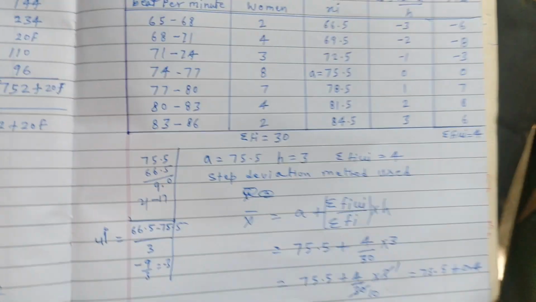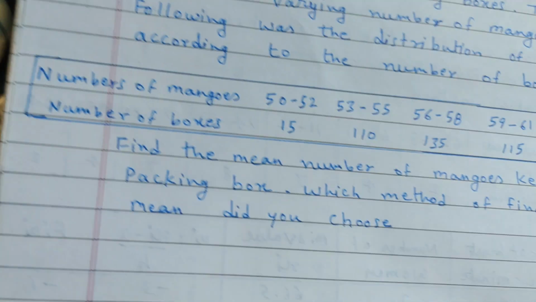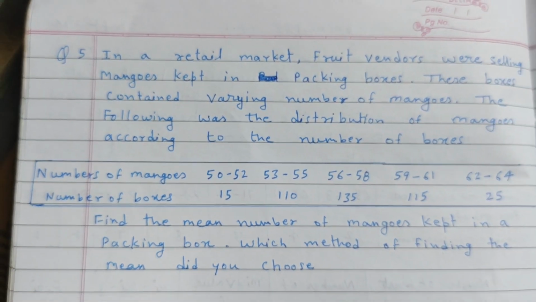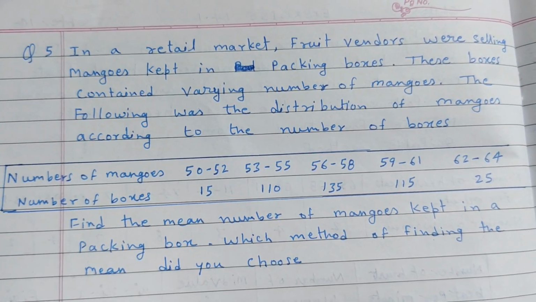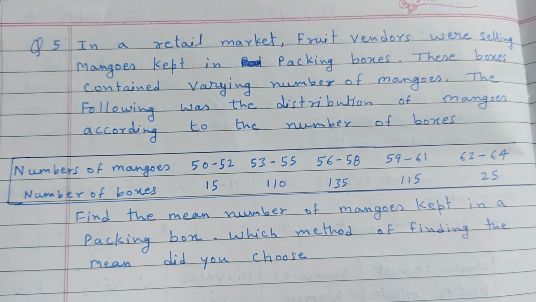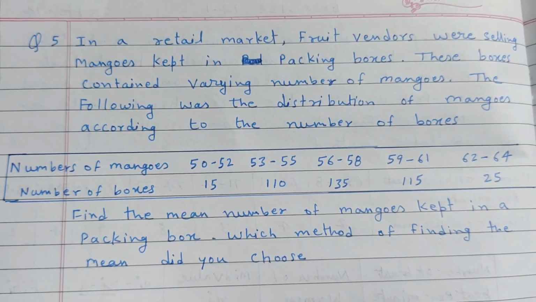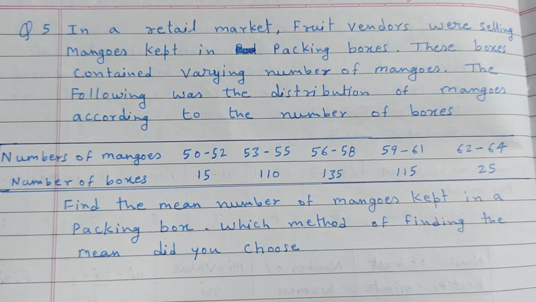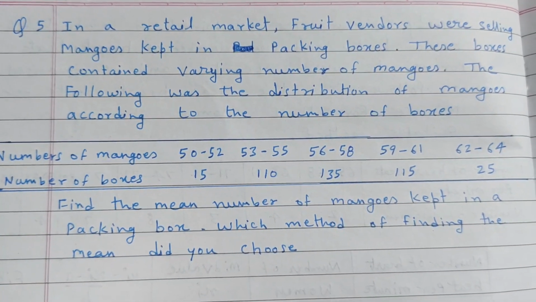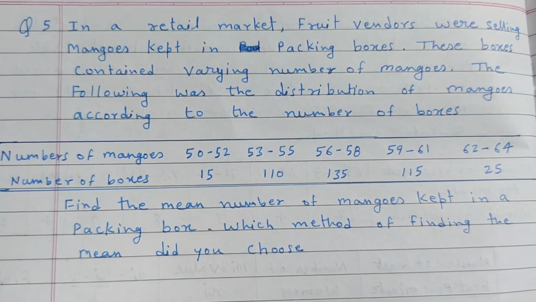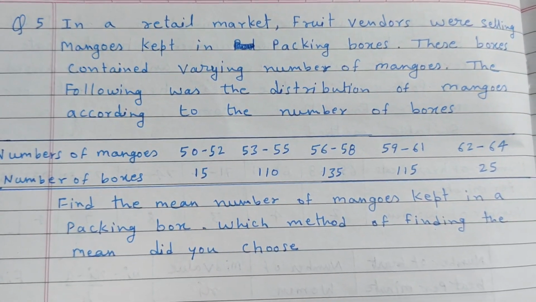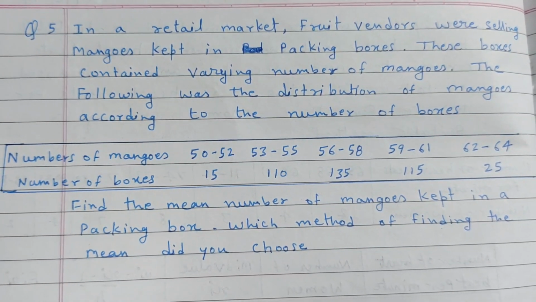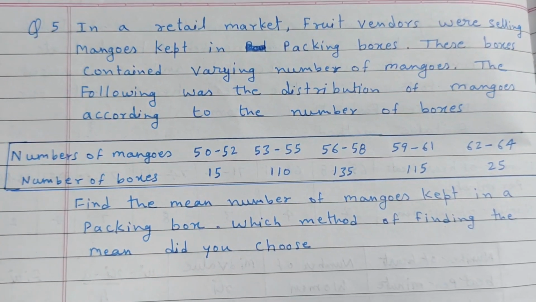Okay, let's do question number 5. In a retail market, fruit vendors were selling mangoes kept in packing boxes. These boxes contained varying numbers of mangoes. The following was the distribution of mangoes according to the number of boxes.